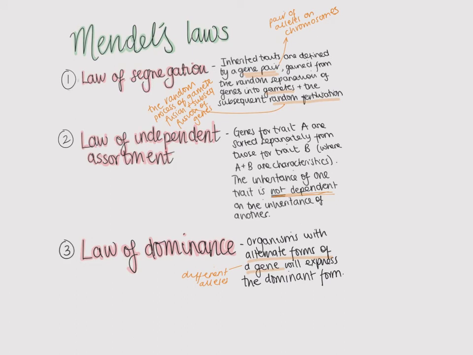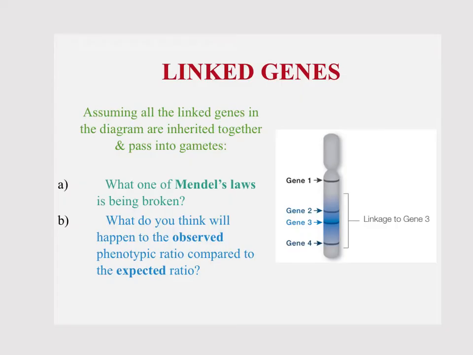Now keep those in your head for the next slide. I want you to take a look at the image. Assuming all the linked genes in the diagram are inherited together and passed into the gametes, think about those questions. If we take a quick look at the diagram on the right hand side, we can see there's a section of the chromosome just here that are linked.